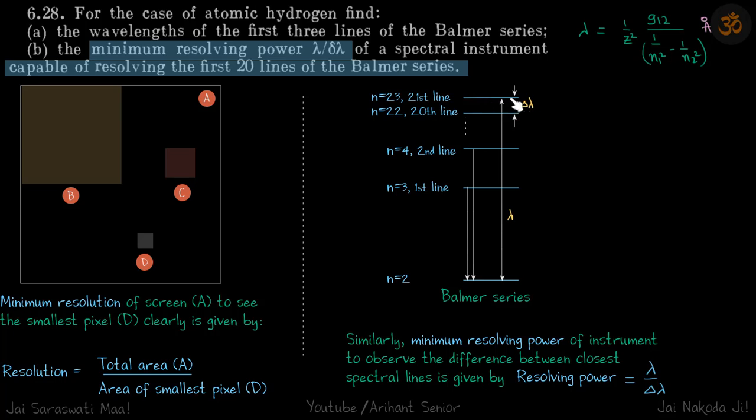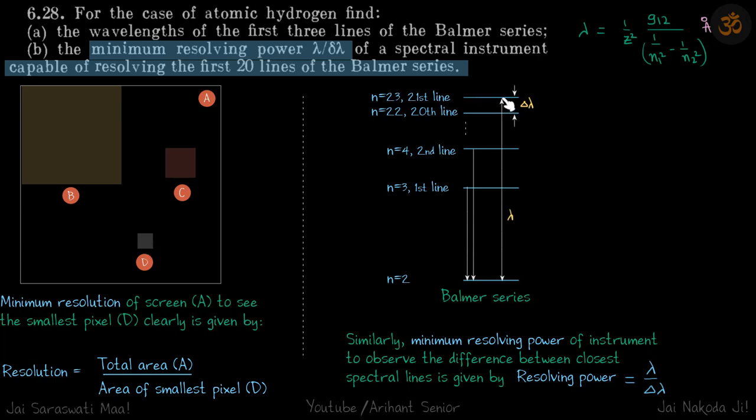So this gap between the two lines, the difference in lambda between these two lines, as you go up starts to reduce a lot. And if we want to see those two lines clearly separated, then the resolution of our spectrometer should be this lambda divided by delta lambda. Just like here it was area divided by the minimum area which we should be able to see, the area of this minimum pixel.